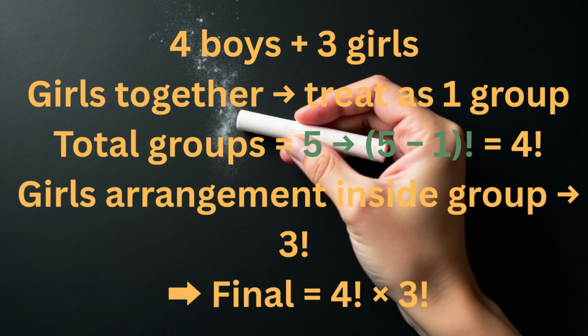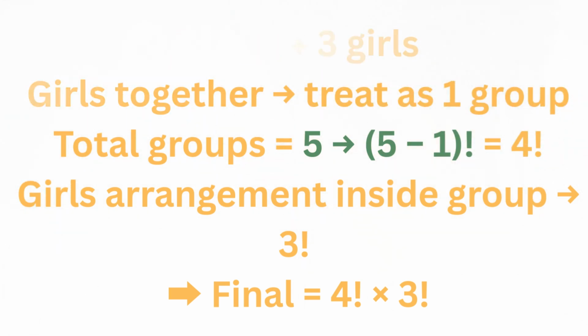So arrangements are (5 minus 1) factorial, which equals 4 factorial. But inside the group, the three girls can rearrange themselves in 3 factorial ways. So the final answer becomes 4 factorial multiplied by 3 factorial. This method makes restricted circular settings very easy.